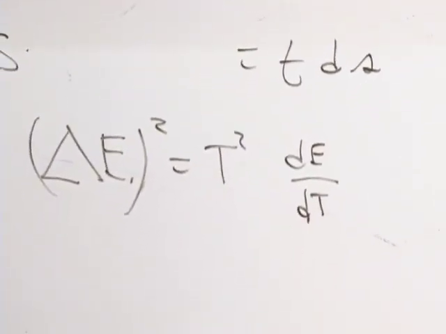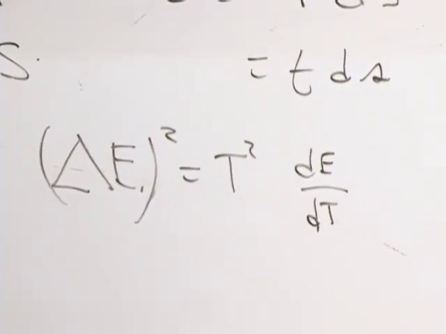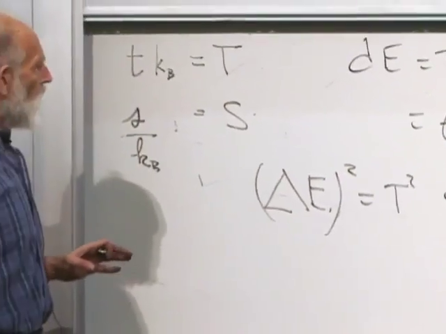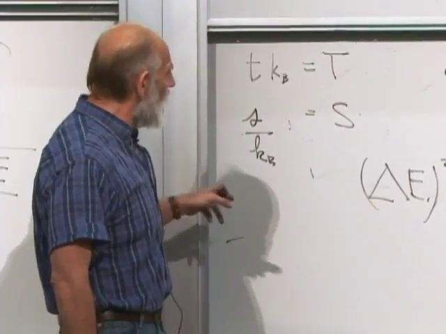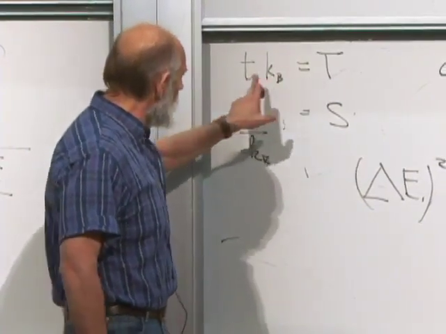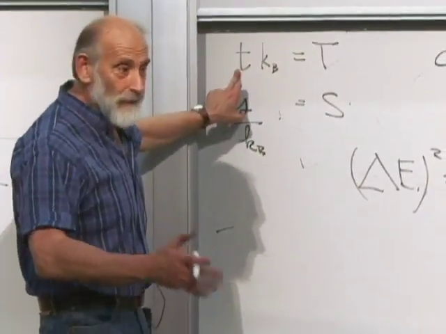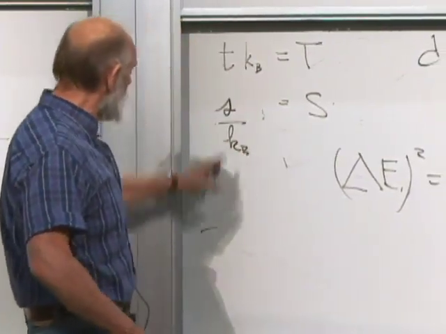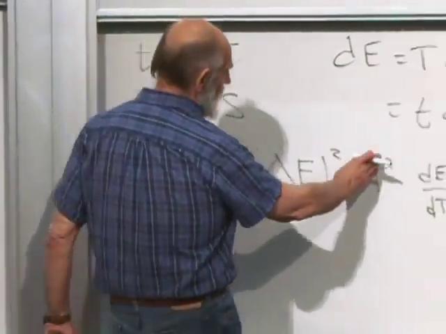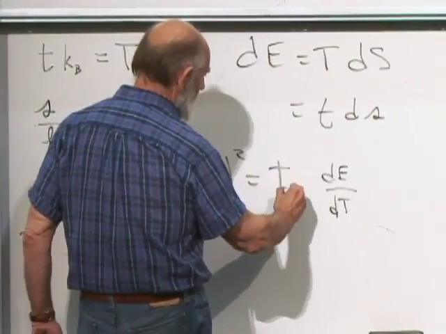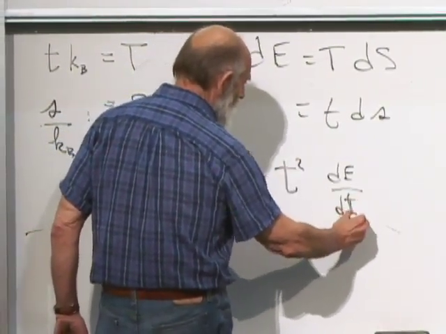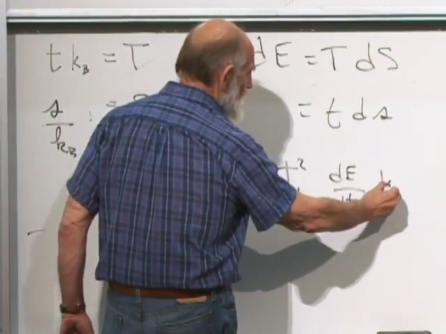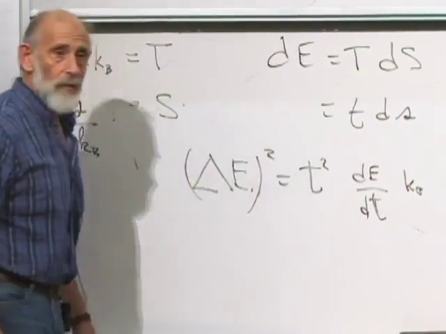Yeah, it makes dimensional sense. But where does the Boltzmann constant go into this? The answer is wherever you see capital T, and you want to use undergraduate physics notation, put K times little t. So that means that we can put little t squared here, little t here, and then I think there's one K Boltzmann in the numerator here.